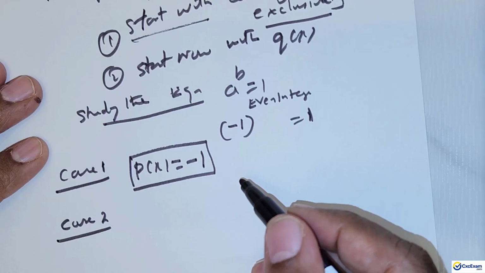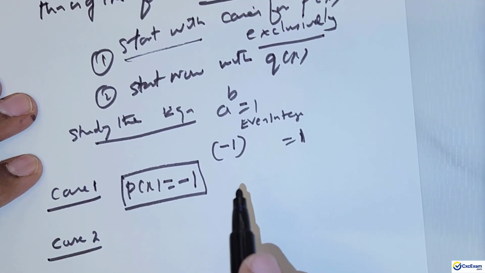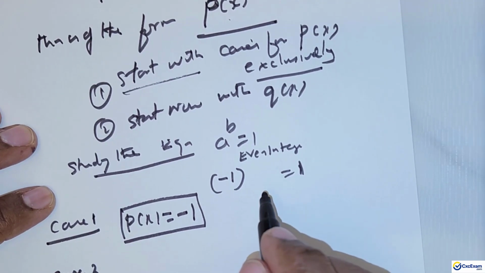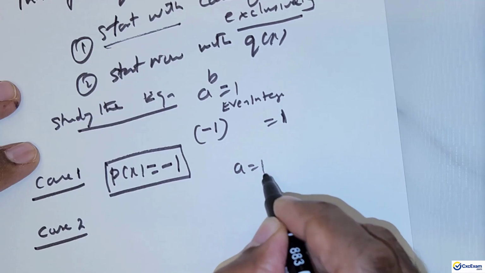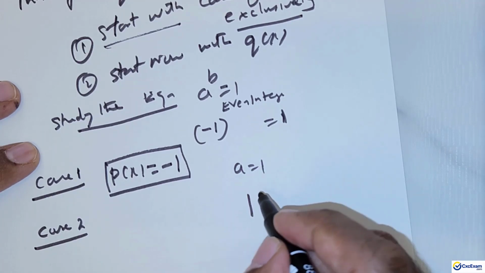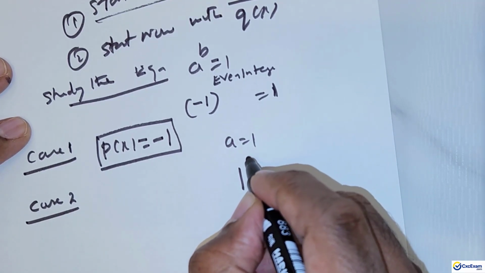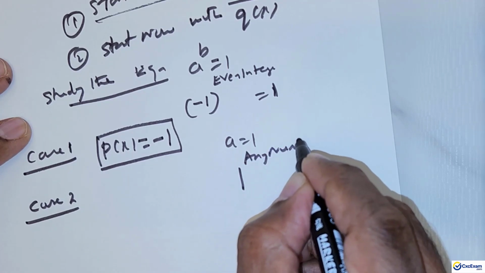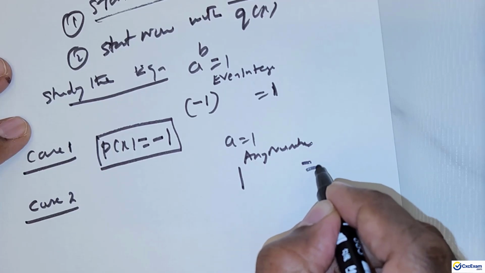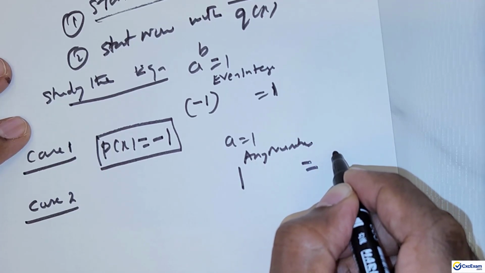Case number 2 would be, say if my p of x is equal to 1, say if I take a equal to 1 raised to the power of any number, this can be any number, this is going to produce me 1.